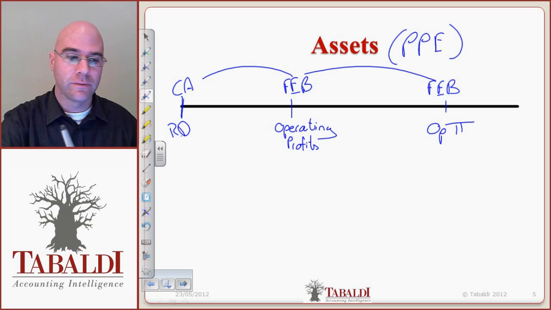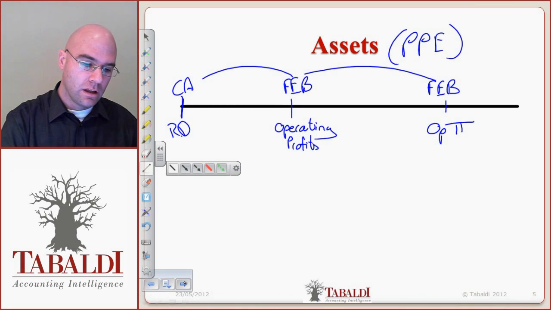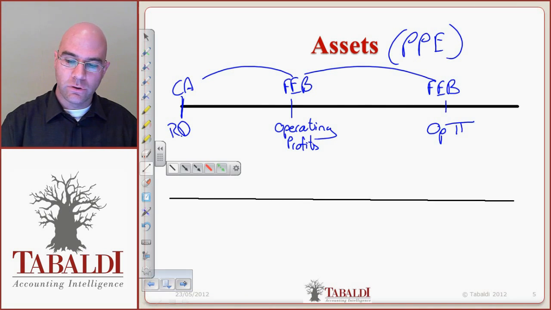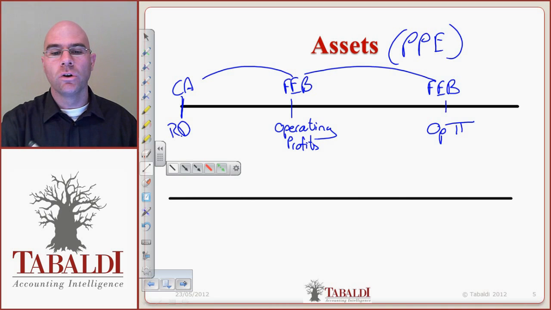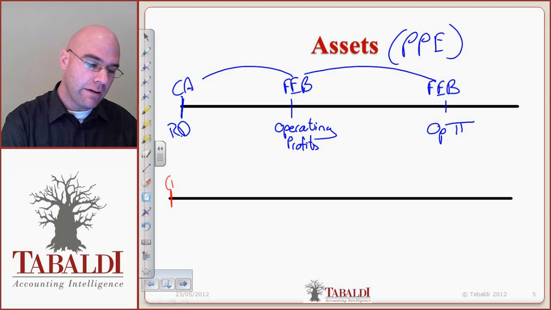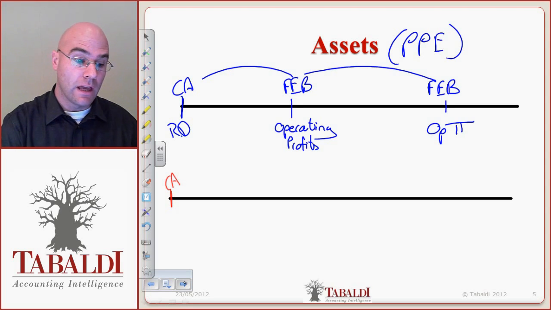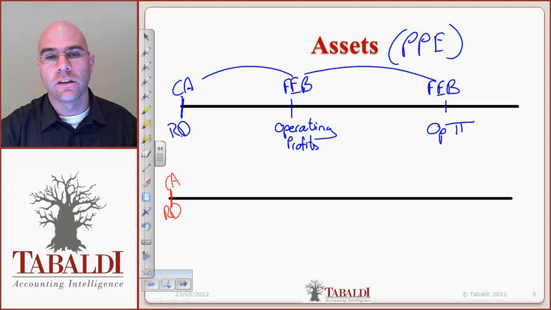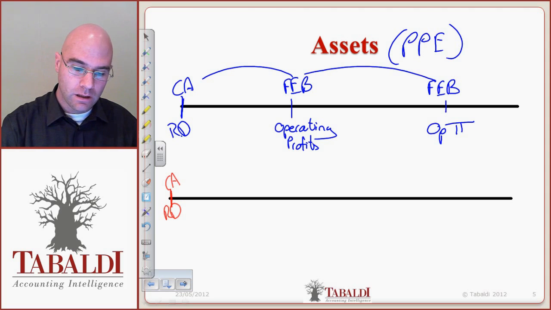This concept is important as those future economic benefits will in all likelihood have tax consequences. So at carrying amount, at reporting date, we should also recognize the consequences of those future tax outflows on the future operating profits.